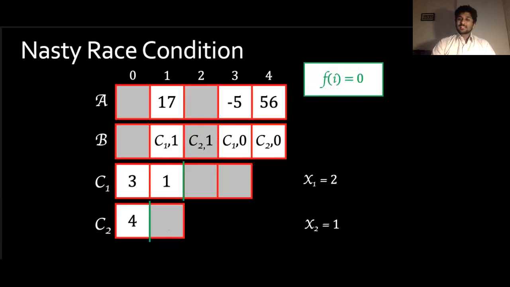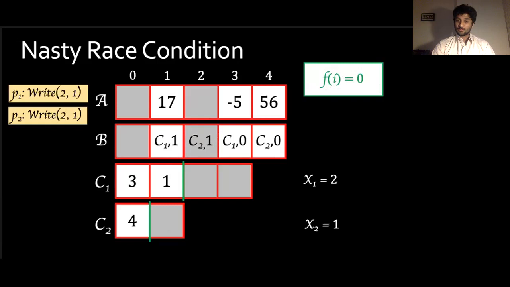Now, we once again consider what happens when processes P1 and P2 write 1 to element 2. After each writing 1 into A2, they each write a certificate in their next available location and increment their counters. The race condition will result from an interesting pathology associated with the current state.